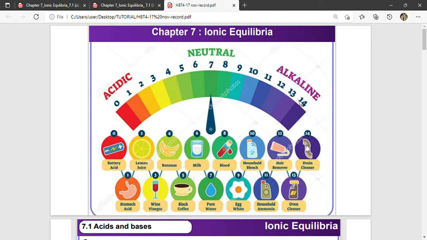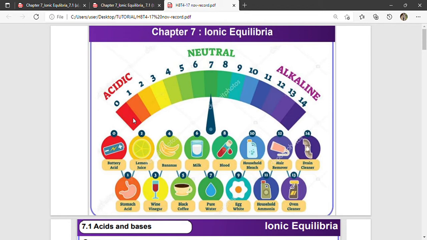Okay, so the pH, what we can see here is the pH of various items with the range of pH from 0 to 14. Okay, so this is the example of what kind of items.